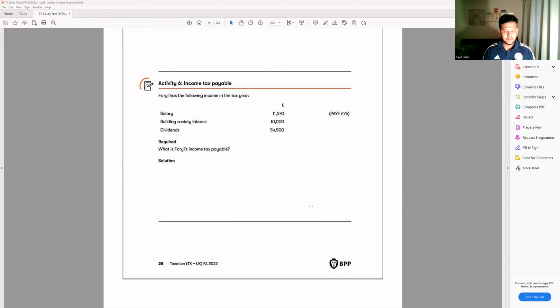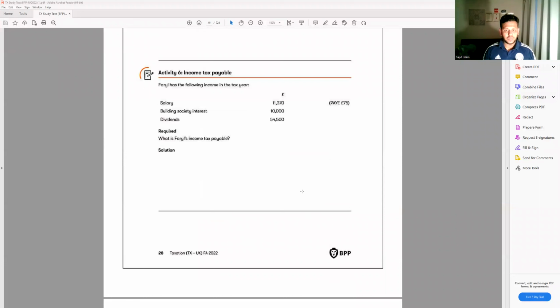Then we have activity 6, which is the income tax payable. So we'll look at this question as well. Let's see how it works. So in this question, income tax payable for activity 6, we're looking for the income tax payable here.